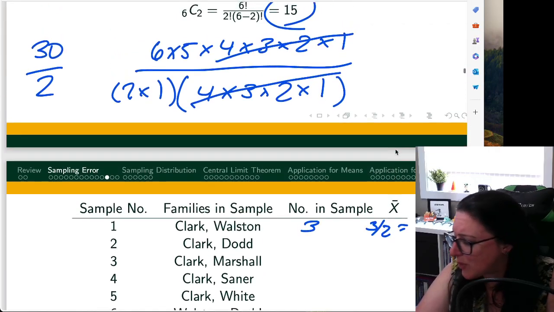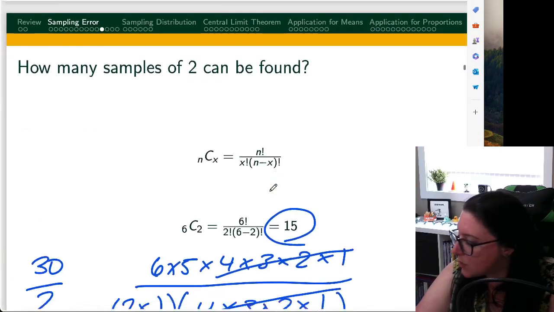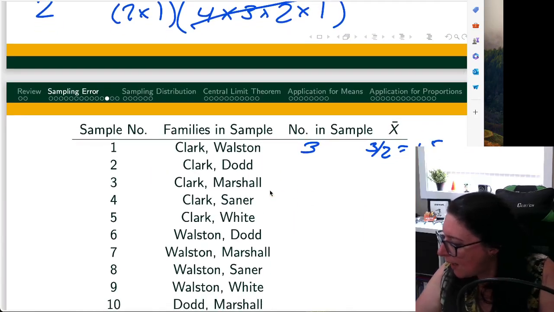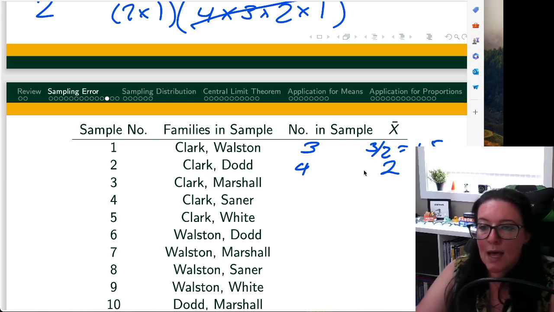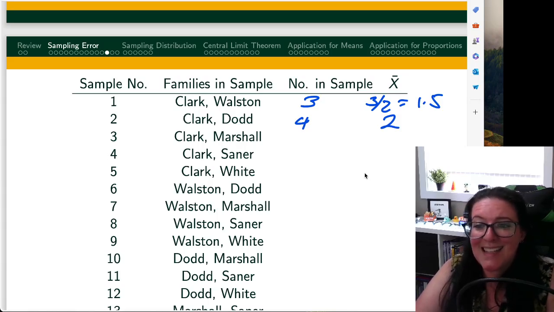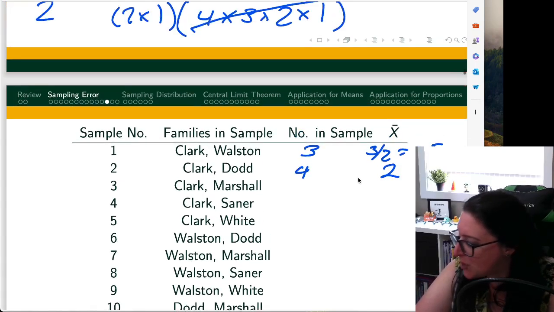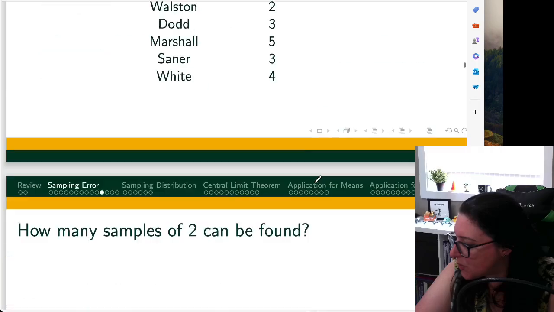If instead we took a sample that was Clark and Dodd, so Clark is 1, Dodd is 3, that's a total of 4, and the sample statistic here would be 2. So notice that whoever is in the sample is going to change that sample statistic. The sample statistic is a random variable. It changes. If there is Clark and Marshall, Clark is 1, Marshall is 5.